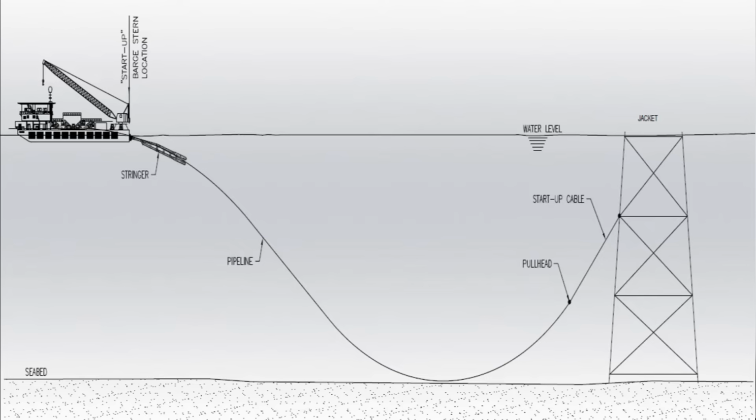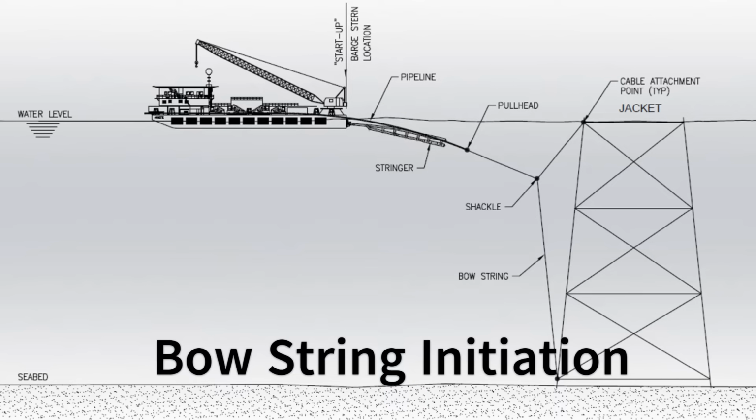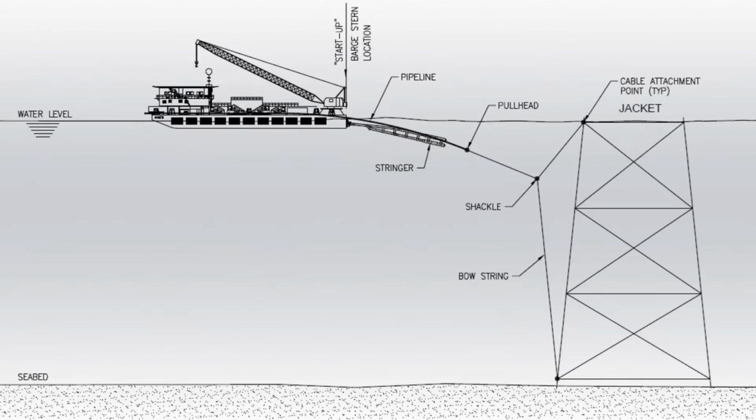Some field operators do not allow this process as it can create vibrations on the platform due to tension in the cable. Another popular method is the bowstring method. In this method, the entire platform leg is assumed as a bow and a cable is attached loosely on the top and bottom of the platform leg.